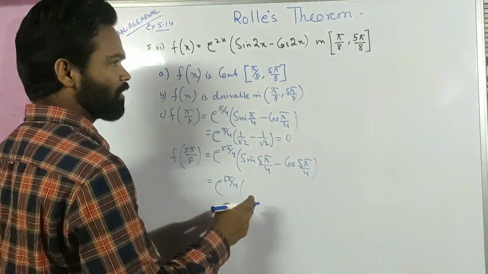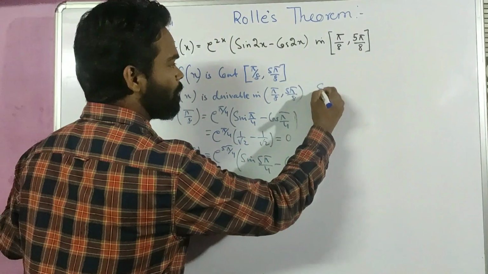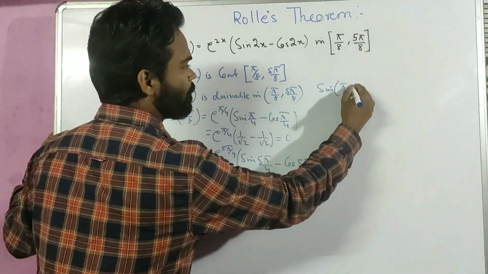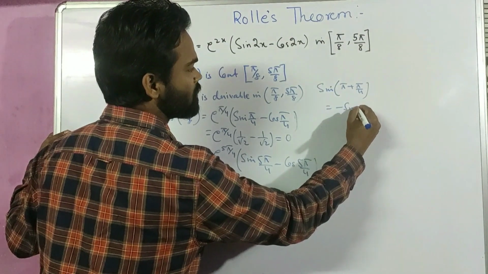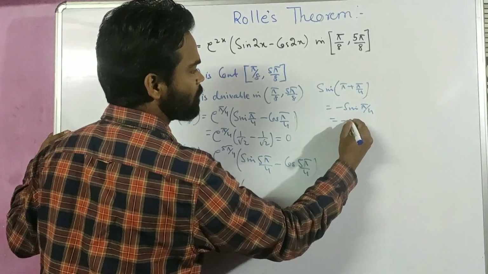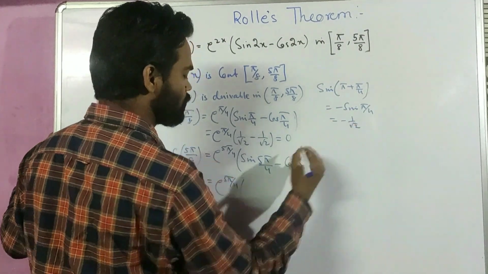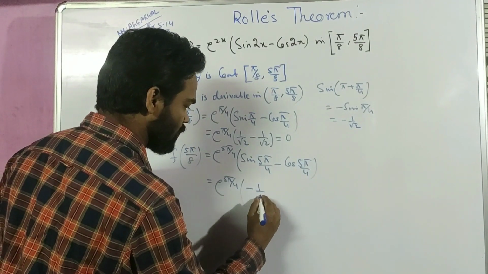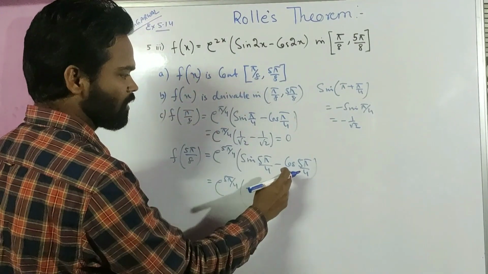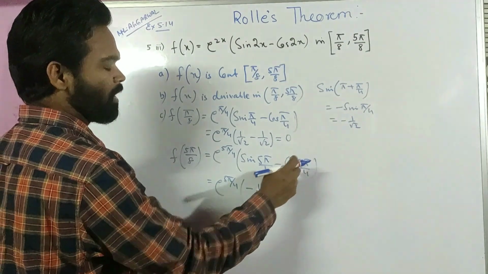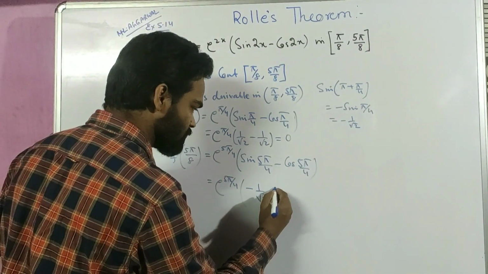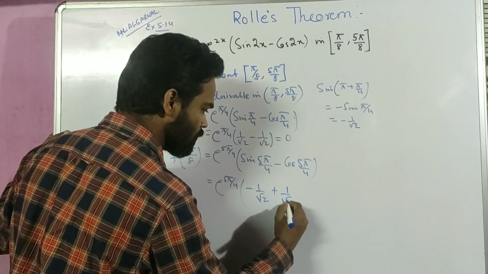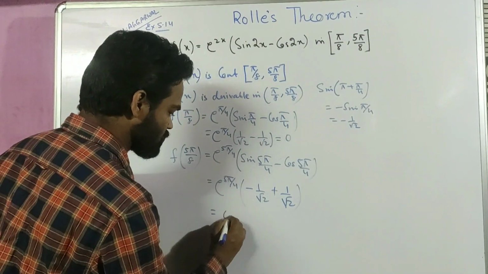Sin 5 pi by 4 can be written as sin(pi plus pi by 4), which is minus sin pi by 4, which is minus 1 by root 2. Similarly, cos 5 pi by 4 will be minus 1 by root 2, which becomes minus, minus, plus 1 by root 2, and this becomes 0.